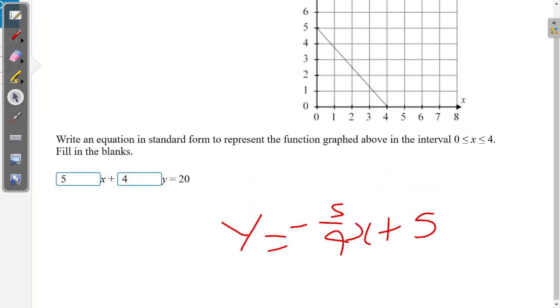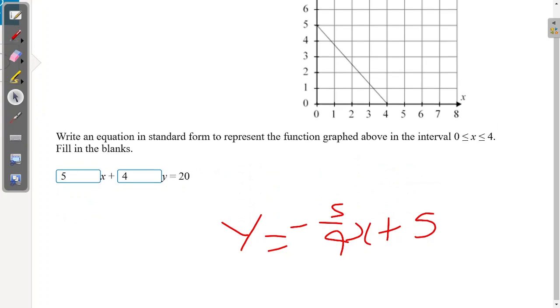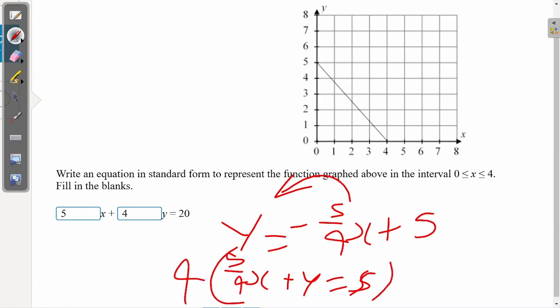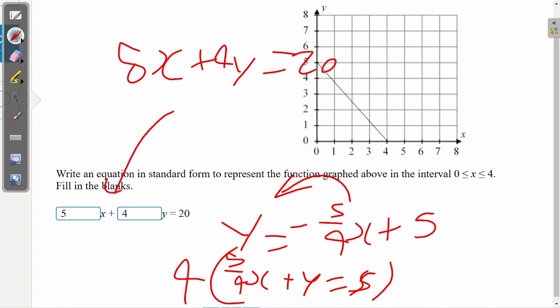And also x and y are on the same side, so we need to switch. So if you move it this side, 5 over 4 x plus y equals 5. How do you turn 5 into 20? You multiply by 4. So multiply this whole thing by 4. You get 5x plus 4y equals 20. And just put it here.